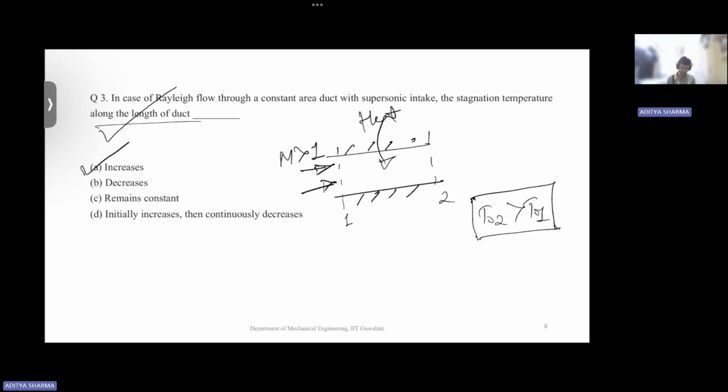So stagnation temperature increases is the correct answer to this question. And if M is less than 1, in that case it also increases, in case your flow is subsonic.